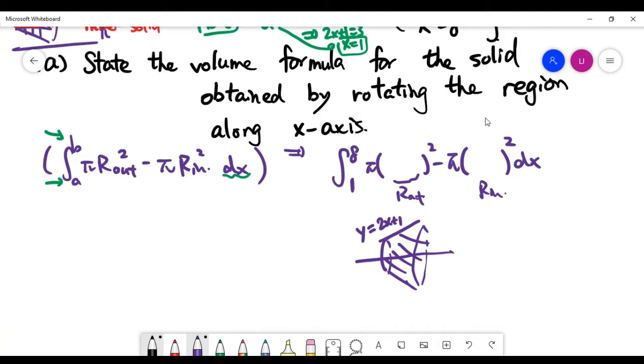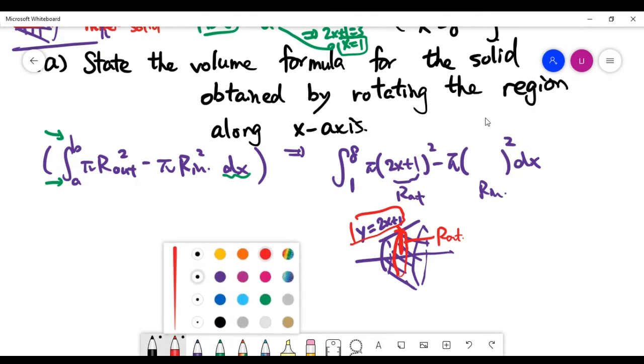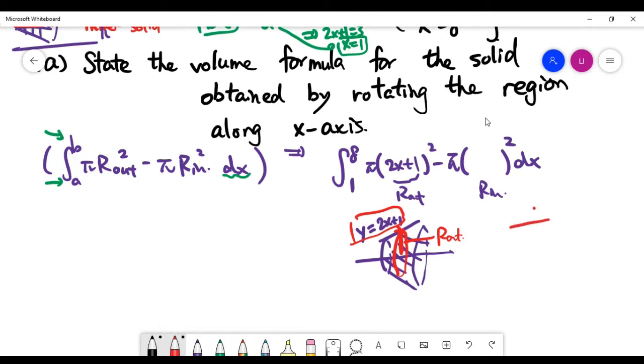So the outer radius for this solid is based on the radius of a disk like this, which is the y length of this point on this curve. The y length is the y-coordinate, so I can simply use the function 2x plus 1 as the outer radius. Similarly, the inner radius is the red part that you need to cut out from the purple part, based on my previous picture.